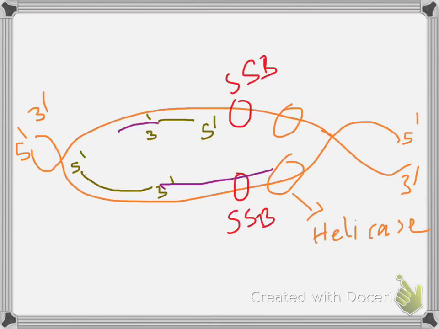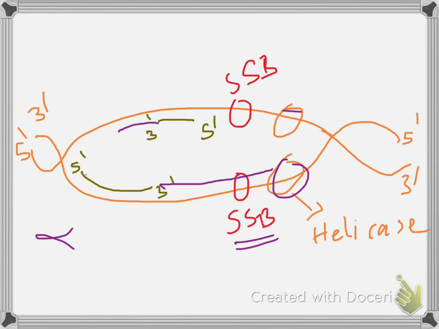So now the final look is like this. This is the double stranded DNA, and in this one is helicase, and there is a single strand binding protein which binds to each strand when the helicase unwinds the DNA. And next one is DNA polymerase alpha.